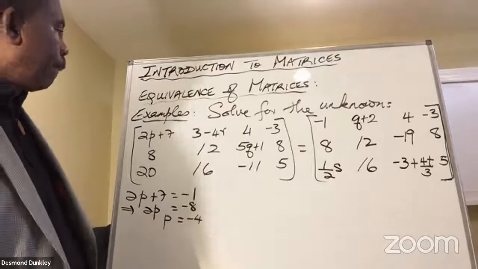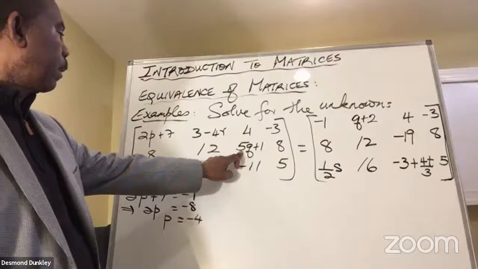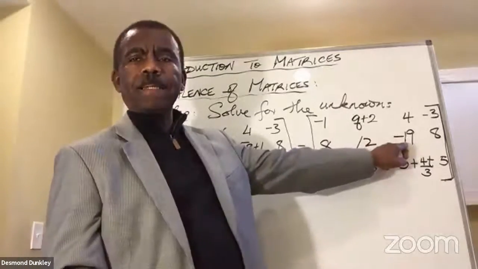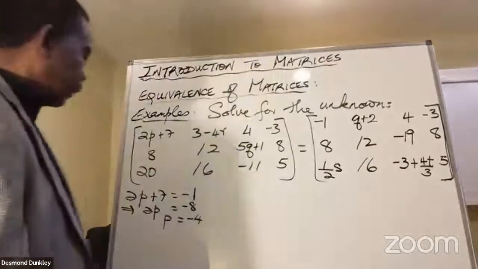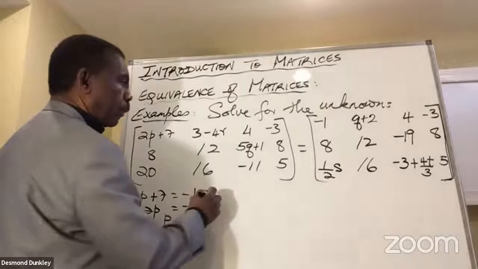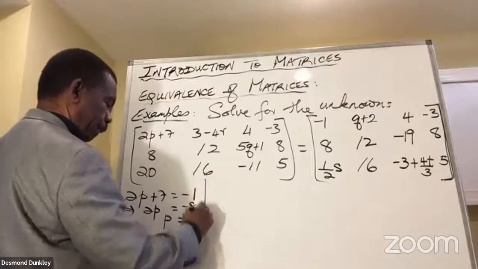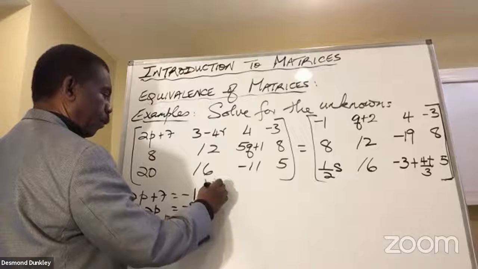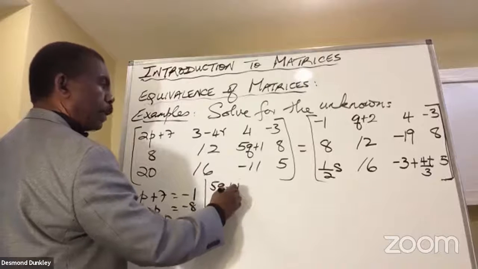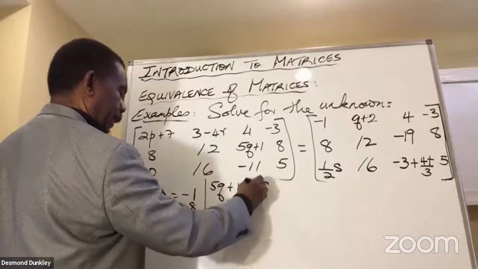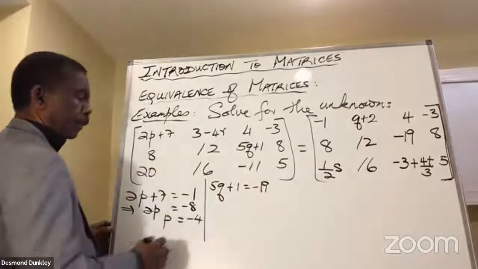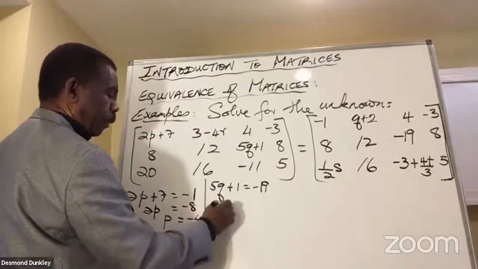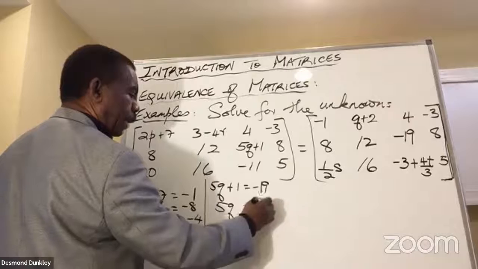So what else do we have? We have a Q here and a -19. So I think we could work with that. So here we go. 5Q plus 1 equal to -19. So 5Q equal to -20.